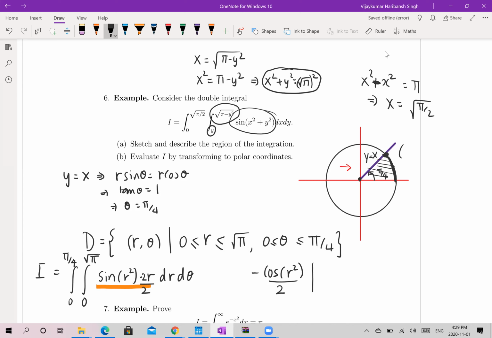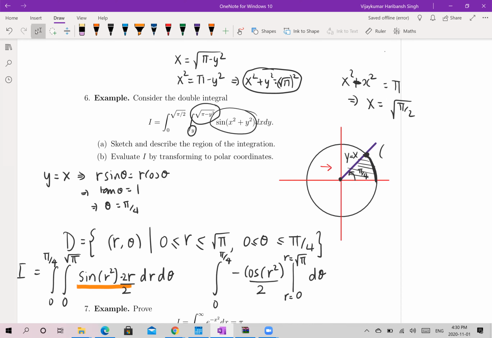And the limits are 0 to square root of pi, and this limit is for r, right? If you want to make sure that there's no mixing happening, you can do it like this, 0 to pi by 4 d theta. So this is going to be 0 to pi by 4 of minus cos of pi plus cos of 0, divided by 2, d theta.